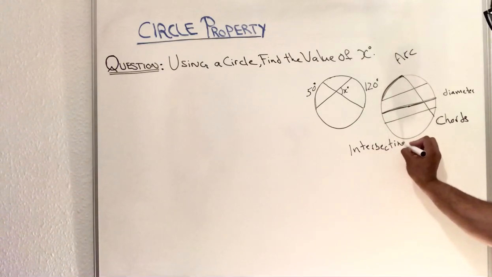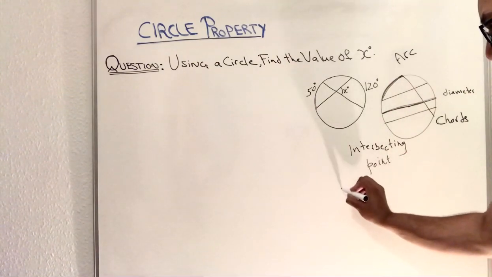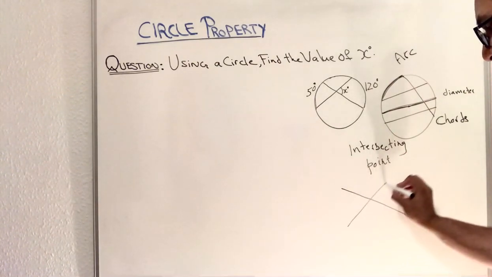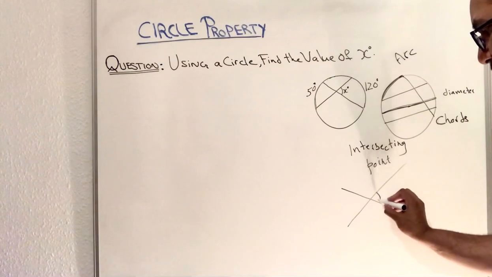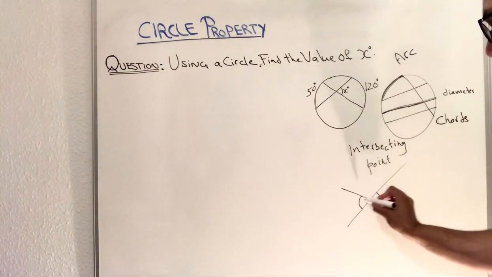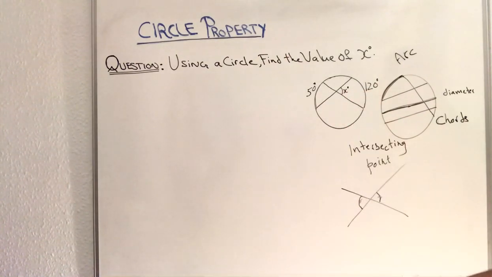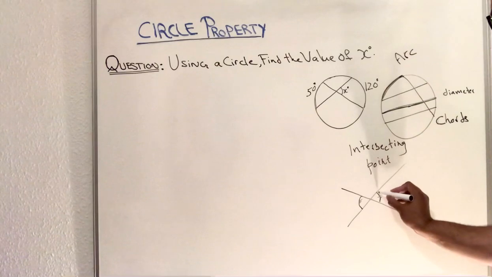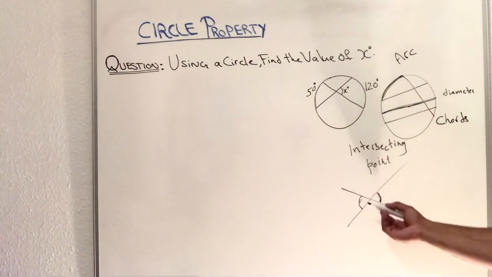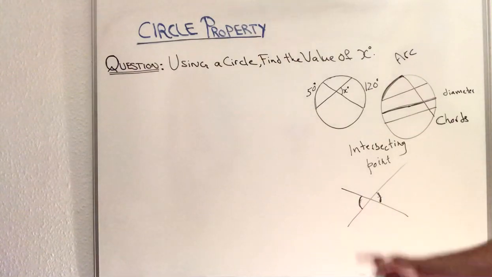If two lines intersect, the intersecting angles must be equal. Sometimes they ask you this angle or that angle, they must be the same. So if you find one angle, then obviously the other angle is going to be the same.